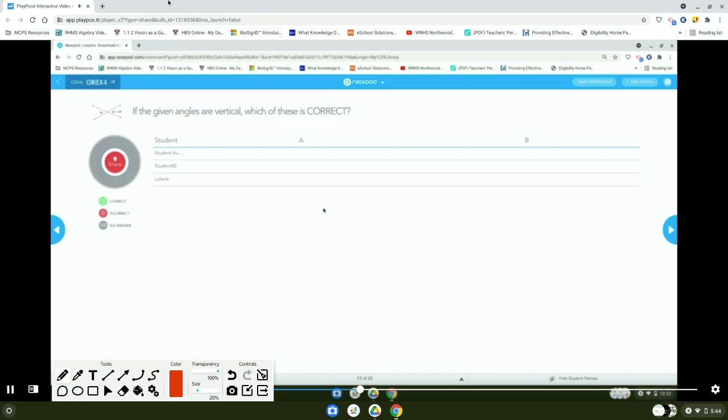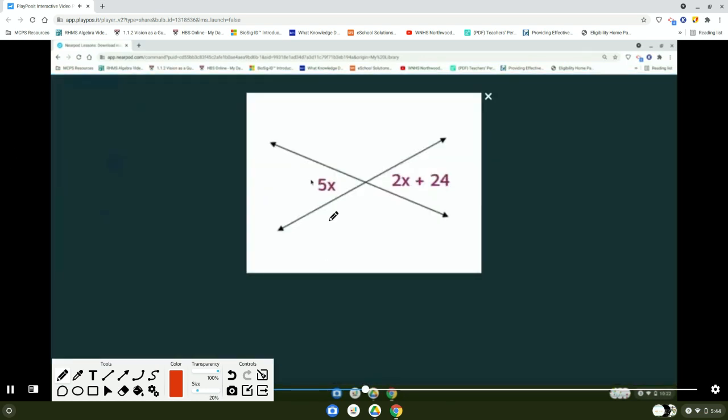I need your responses, student number 1, student number 2, and let's get started. If these are vertical angles in the picture you're seeing, which of these conjectures will be correct? Is 5x plus 2x plus 24 equal to 180? Is 5x equal to 2x plus 24?